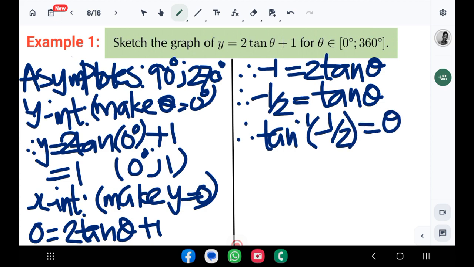Take out a calculator and you go shift tan, bracket, negative, and then the fraction button, 1 at the top, downward arrow, 2 at the bottom, right arrow, and then close brackets. That will give you -26.565, and so on.